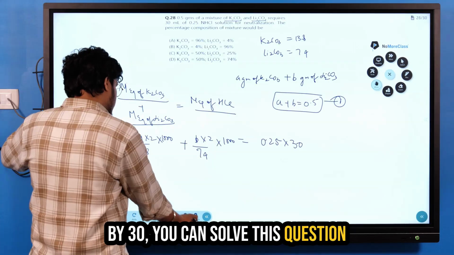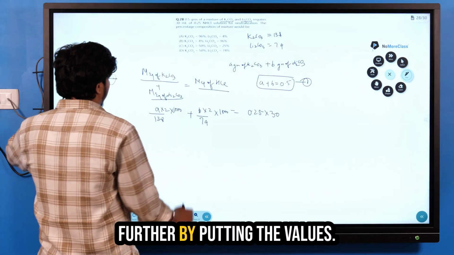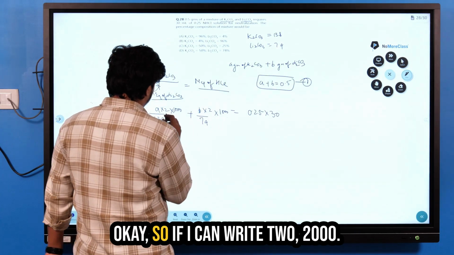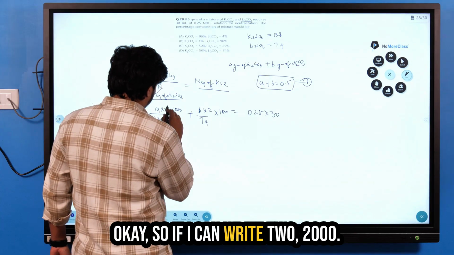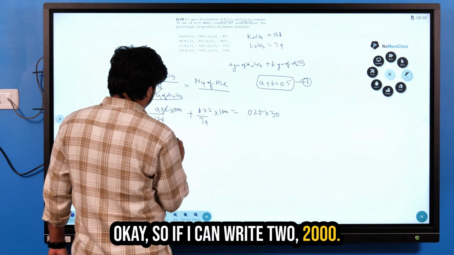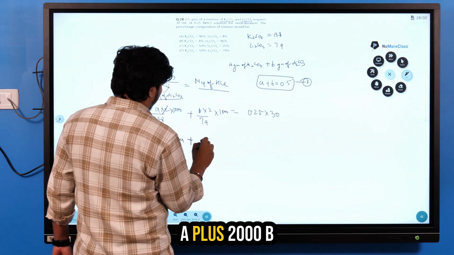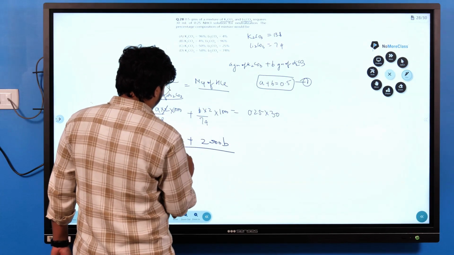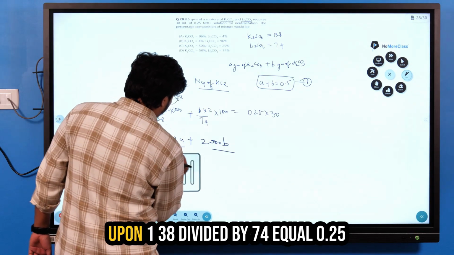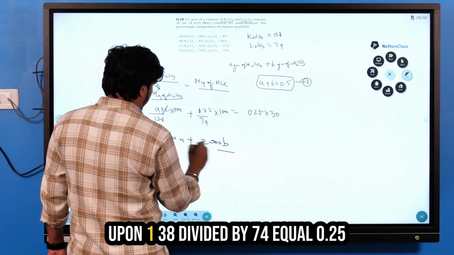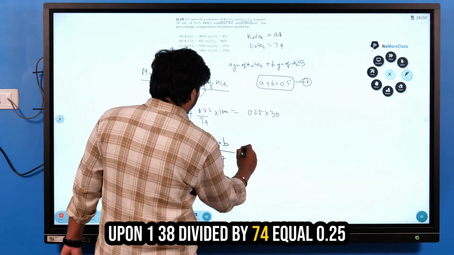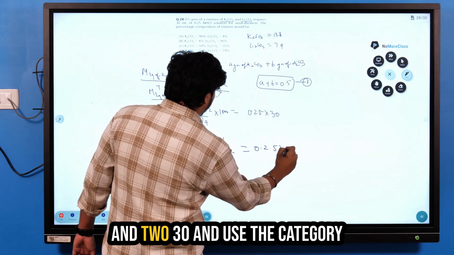You can solve this further by putting in the values. So I can write 2000 A upon 138 plus 2000 B upon 74 equals 0.25 into 30.